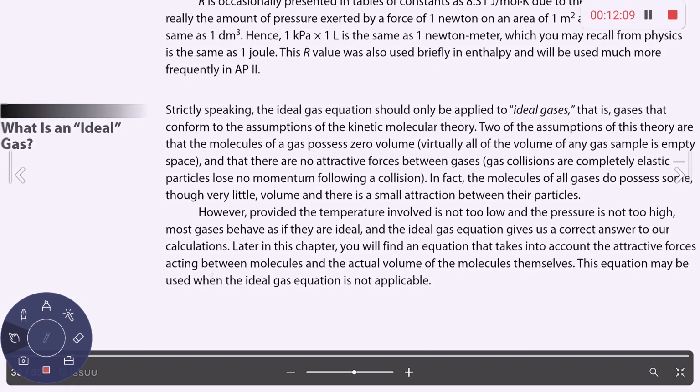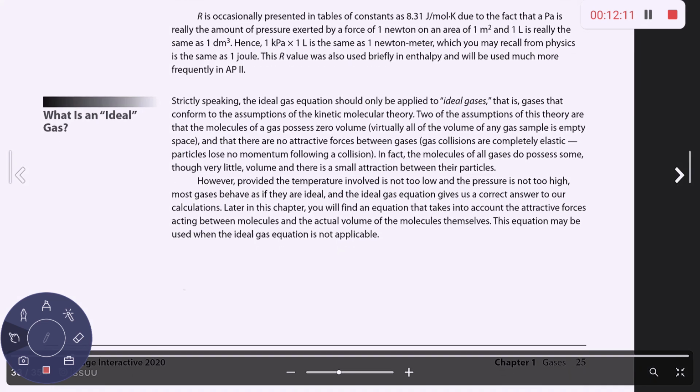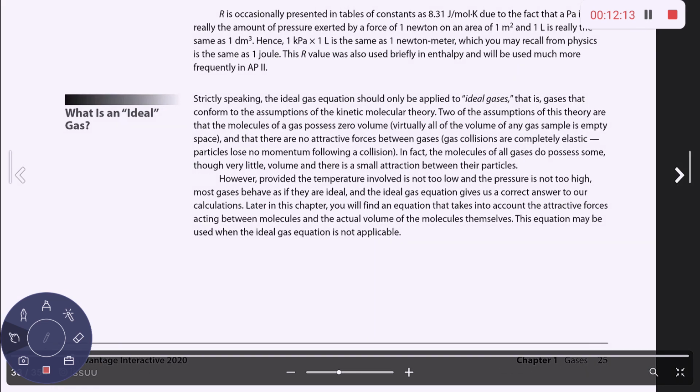Let's talk about what an ideal gas is. There are 2 assumptions that we make about gases in order to use the ideal gas equation. Those 2 assumptions are molecules of a gas have virtually no volume. That's because the molecules of a gas are infinitely small in comparison to all of the space in between them. So this is your first assumption.